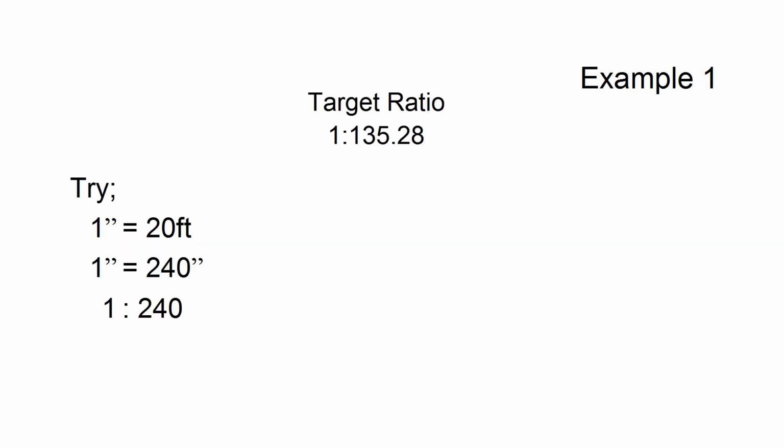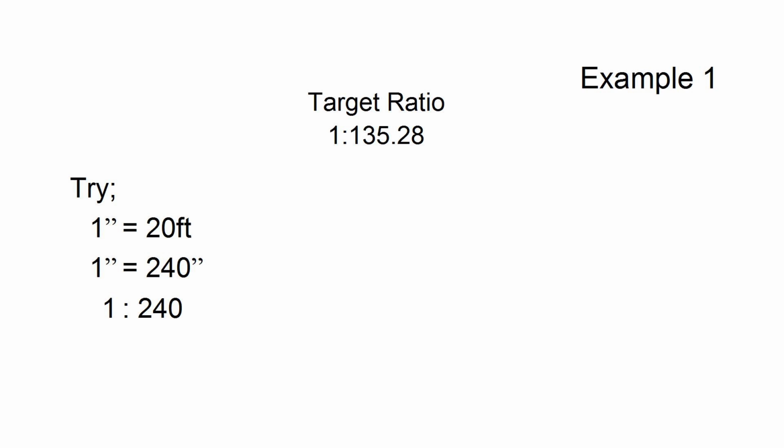Total guess, we're going to use it to evaluate how close our guess is. With a try of 1 inch equals 20 feet, convert that to a ratio, and the ratio is 1 to 240. That ratio is enough reduction compared to our target ratio.